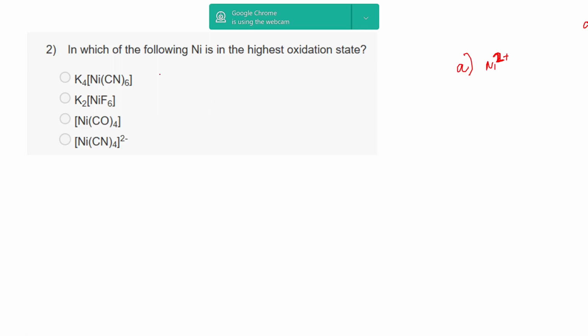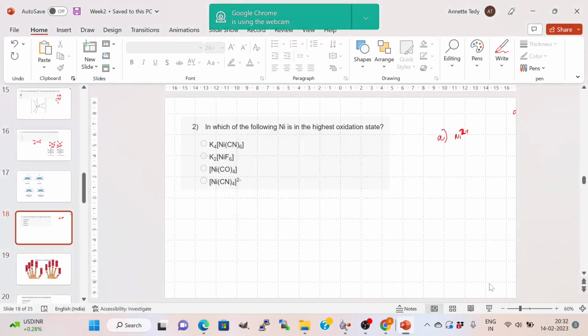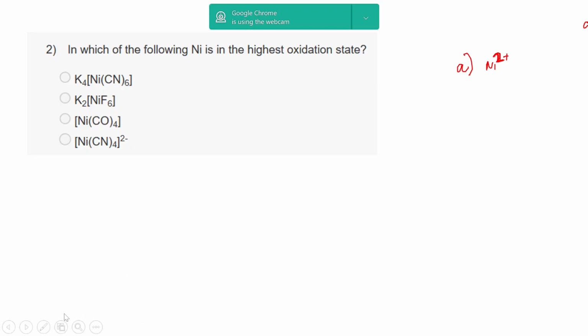Can you explain it again? Yeah. So what is essentially a complex? The complex is essentially only the things which are inside the square bracket.